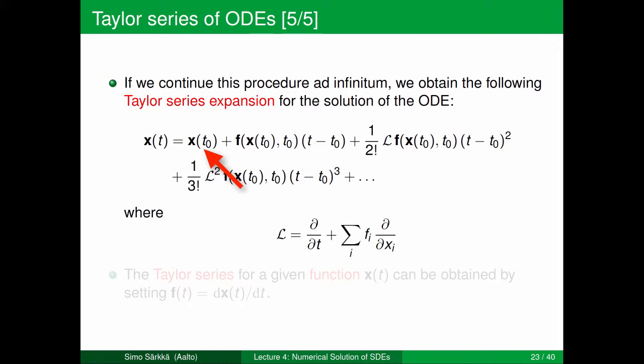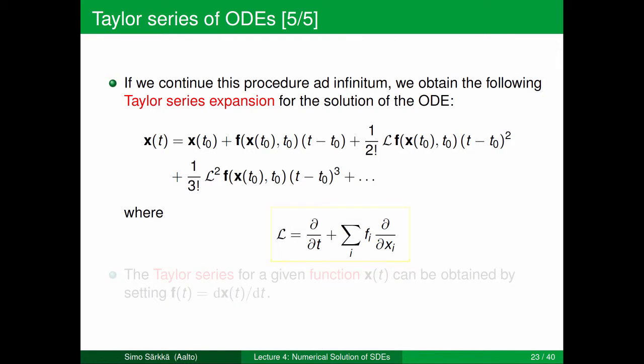So x t is equal to x t0 plus f evaluated at x t0, t0 times t minus t0, plus half, which is equal to 1 over 2 factorial, times L applied to f of x t0, t0 times (t minus t0) to the power 2, plus 1 over 6, which is actually equal to 1 over 3 factorial, times L applied 2 times to f of x t0, t0 times (t minus t0) to the power 3, and so on, where this L operator is defined to be the time derivative plus multiplying with f_i and taking the partial derivatives with respect to x_i.